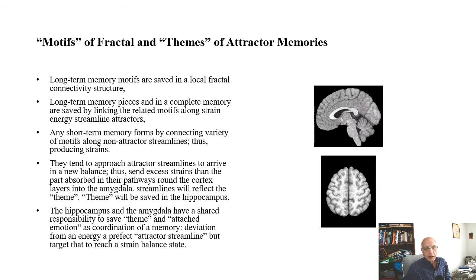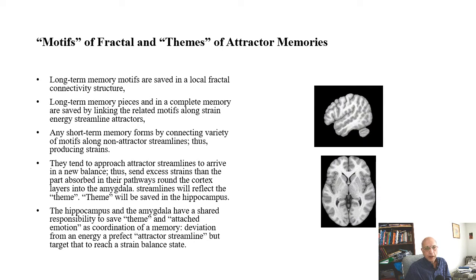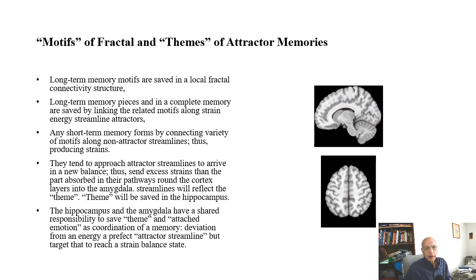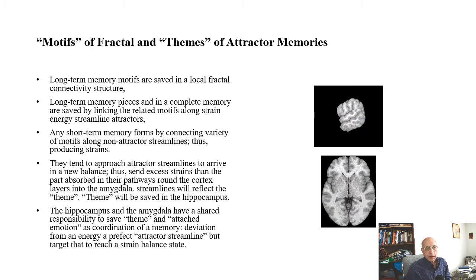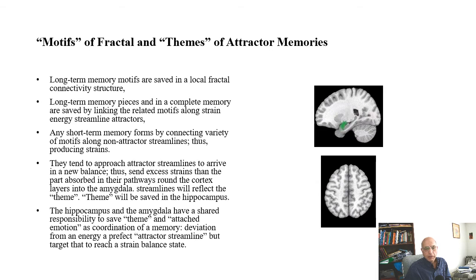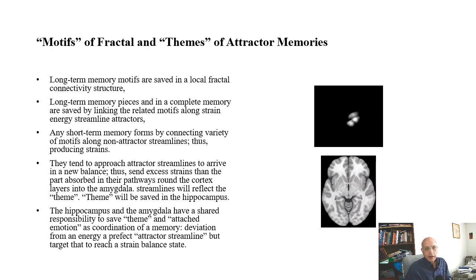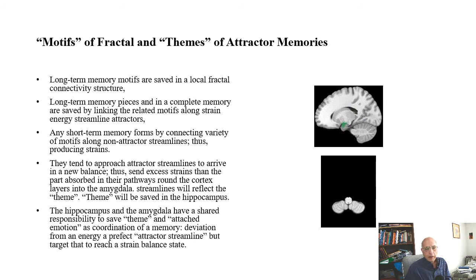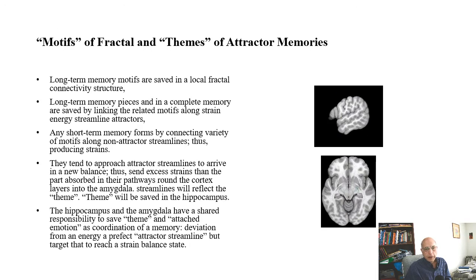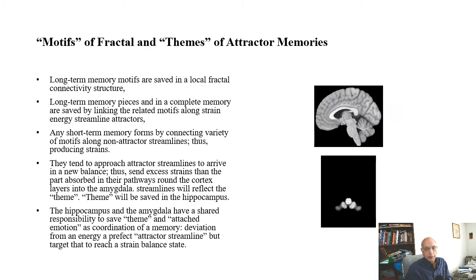Streamlines will reflect the theme of a brain activity. Theme will be saved in the hippocampus. The hippocampus and the amygdala have a shared responsibility to save theme and related emotion as coordination of a memory.